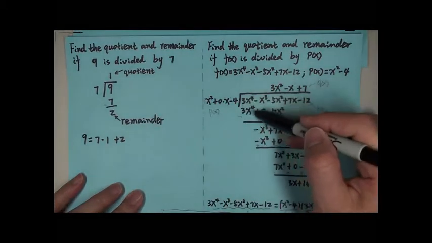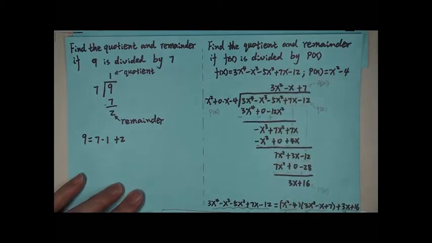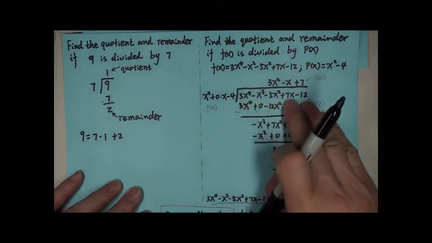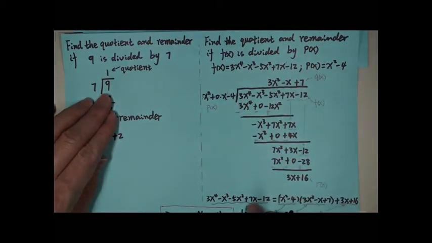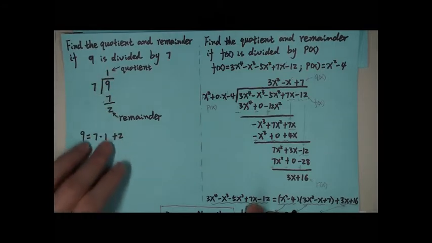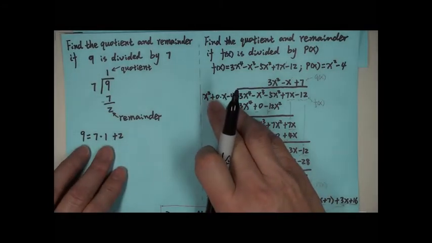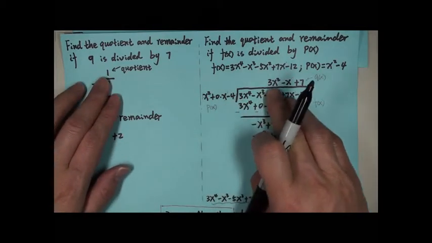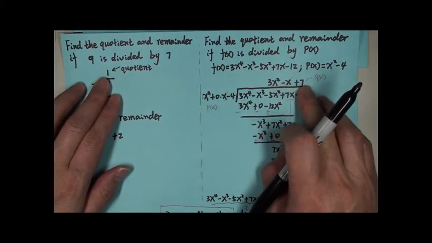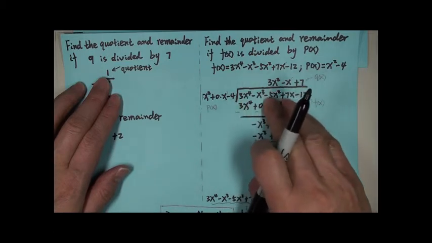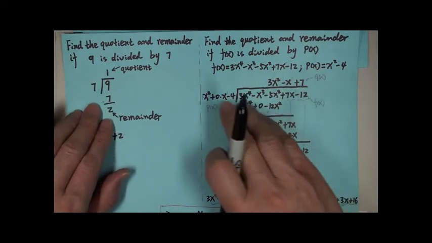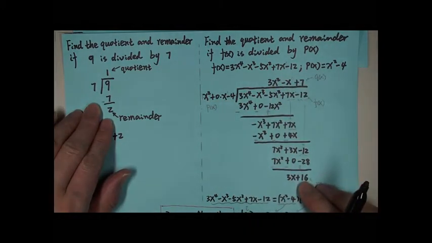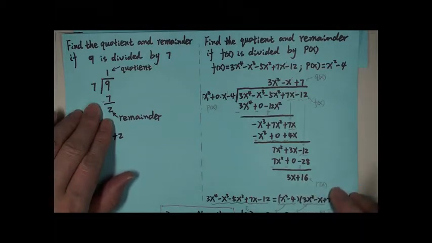Then this big expression inside is like our 9. The 7 is like x squared plus 0x minus 4, and the 1 is like 3x squared minus x plus 7. So the big expression can be written as this expression times that, plus the remainder.